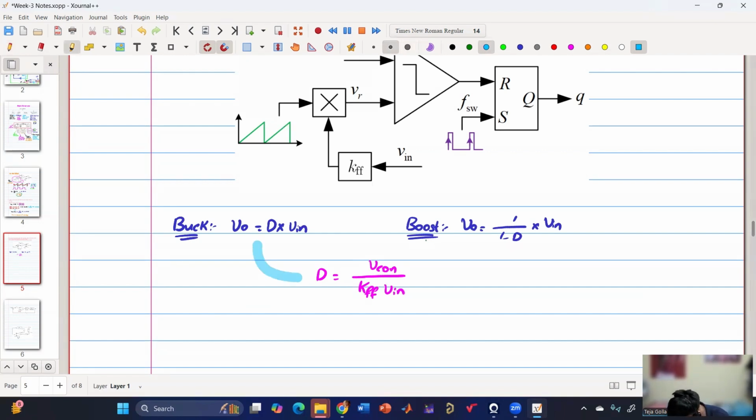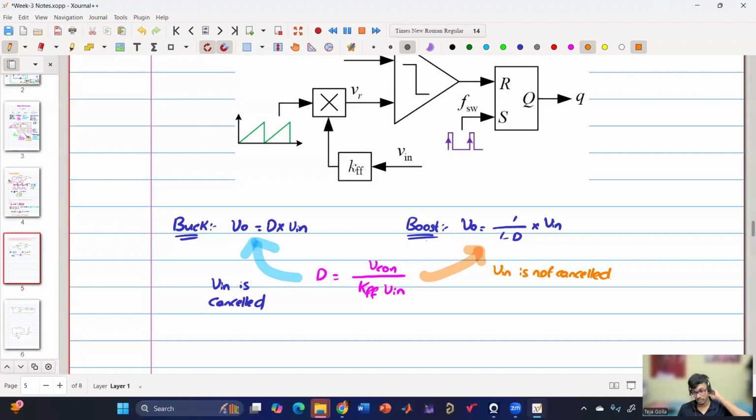So in this scenario, if I substitute this D, Vin will get cancelled. So basically here what we are getting, Vin is cancelled, right? But if we consider this scenario, Vin is not cancelled. So there will be a dependency term of V naught on Vin.